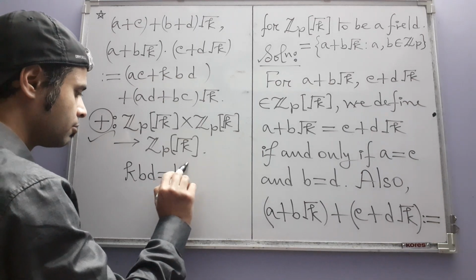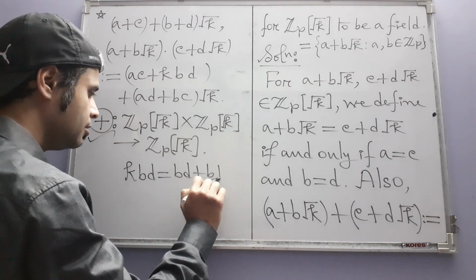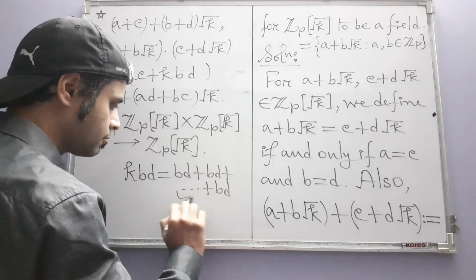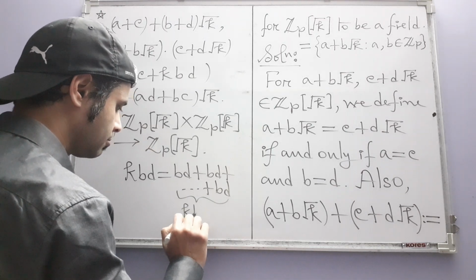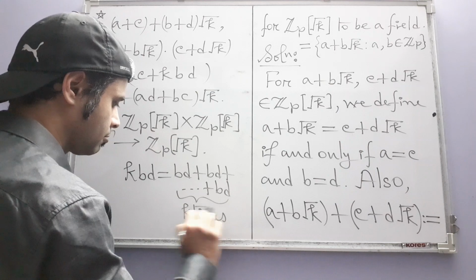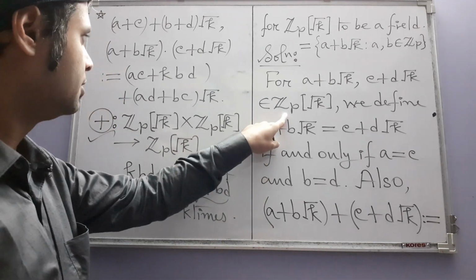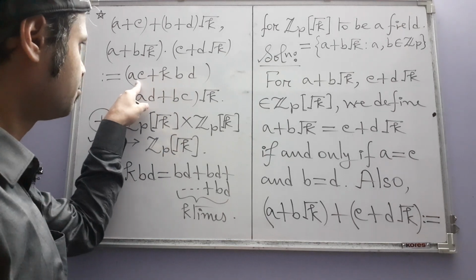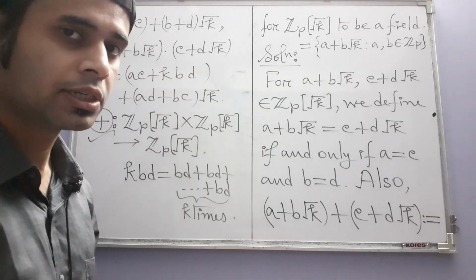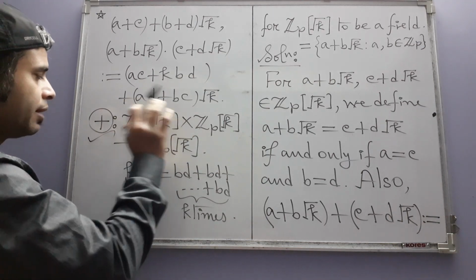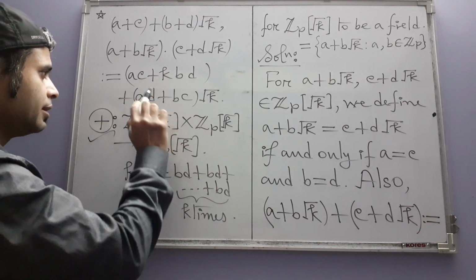They are actually not ordinary integers, but in ZP, KBD means BD plus BD plus like that K times, and that after all is again a unique element in ZP. You add that up with AC, you again get a unique element in ZP. And here, however, you do not have that K problem. It is just simply AD and BC.